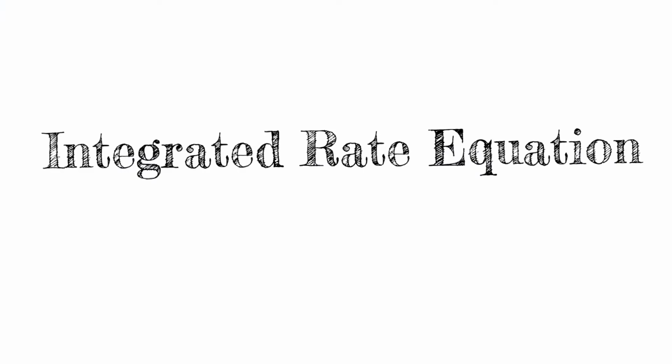So, integrated rate equation. In the last series lecture, we talked about the rate laws, where the rate of a reaction, which could be described as the reduction in the concentration of a reactant over time, is proportional to, I should say not proportional right now, is equal to a constant multiplied by the reactants.